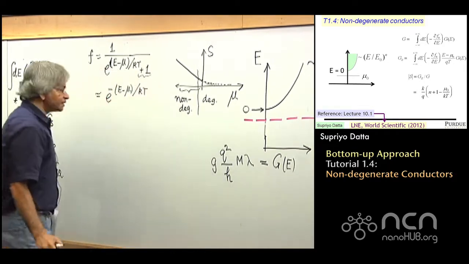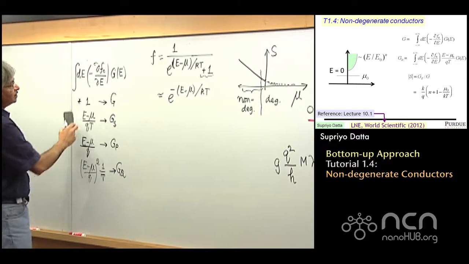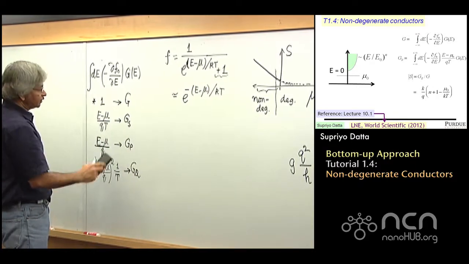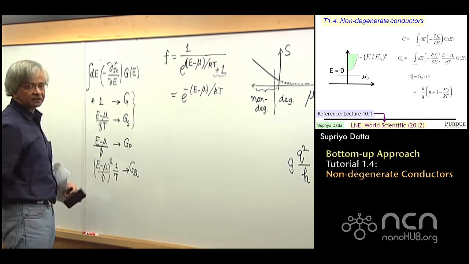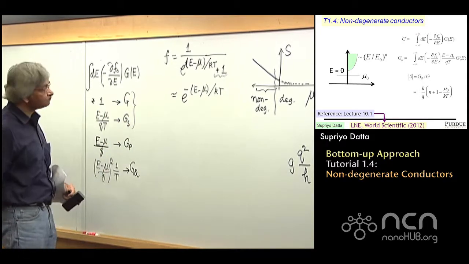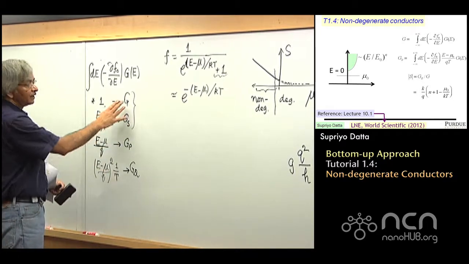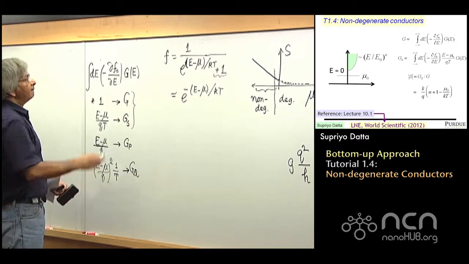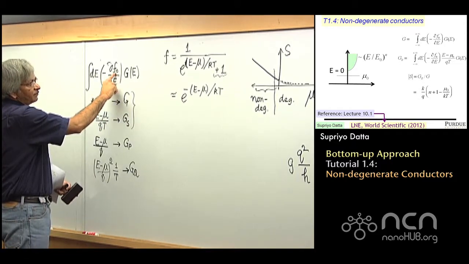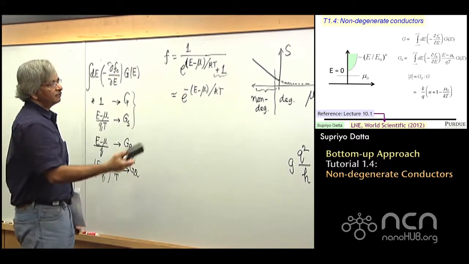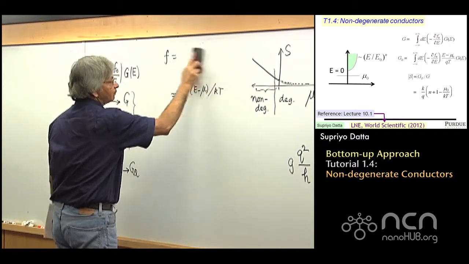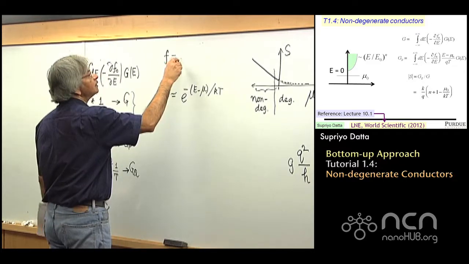So what we'll do is evaluate these coefficients. Actually, we'll just do G and GS, because we want the Seebeck coefficient, and that's the ratio of those two. We'll evaluate those two things, but assuming that when you write the Fermi function, we don't need to use the full Fermi function, we can use just this Boltzmann approximation.